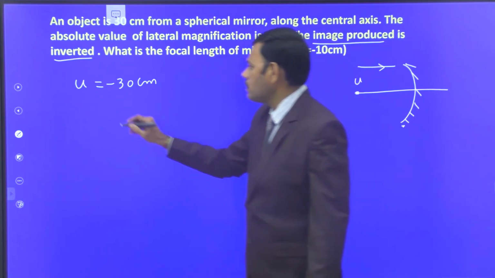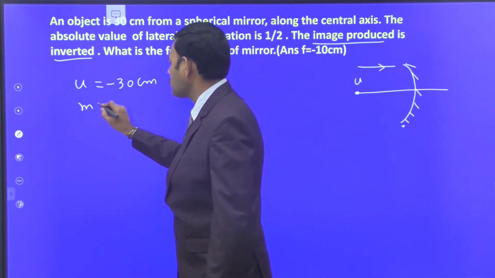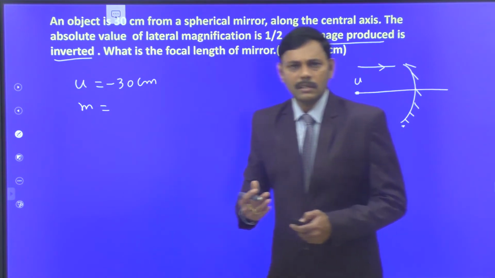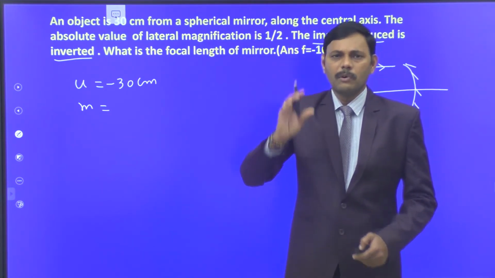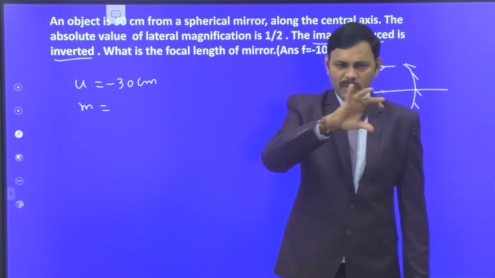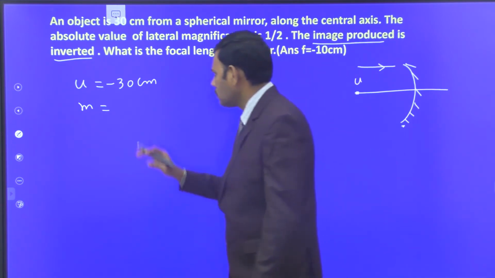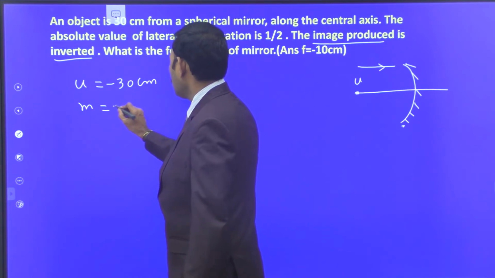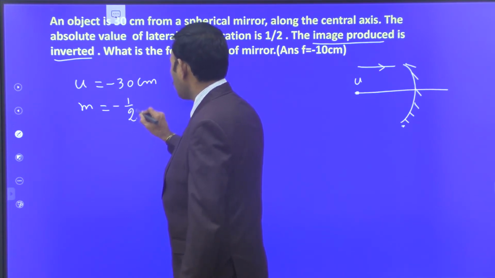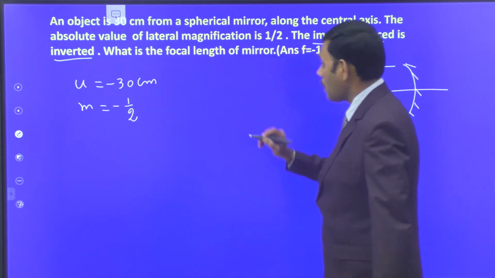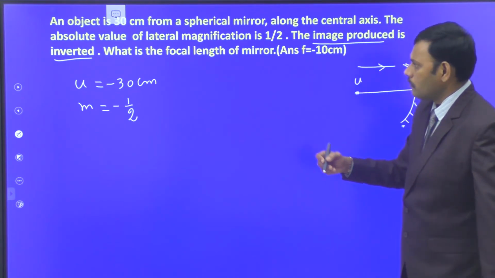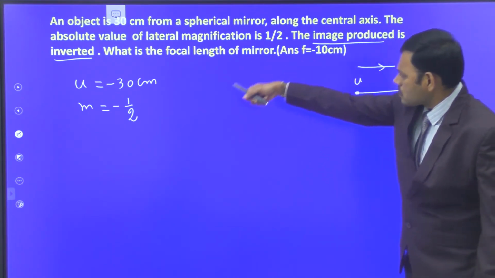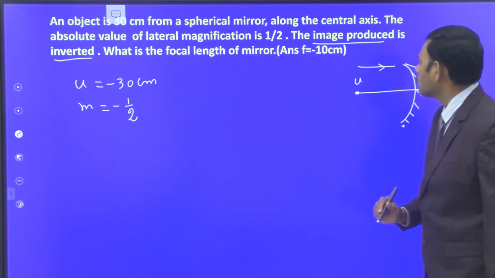In case of an inverted image, the magnification has a negative sign, because if the object is vertically upward above the principal axis, the image is vertically downward below the principal axis. As these two are in opposite directions, that's why it also has the negative sign. Every time you must use the appropriate sign for the given values. So m is equal to minus 1/2 is the correct substitution.